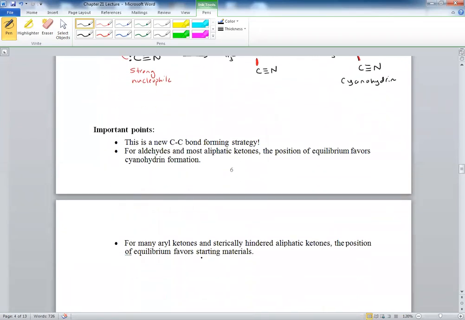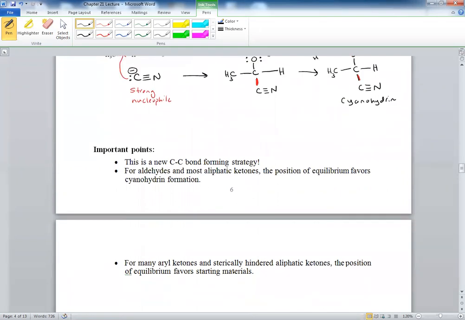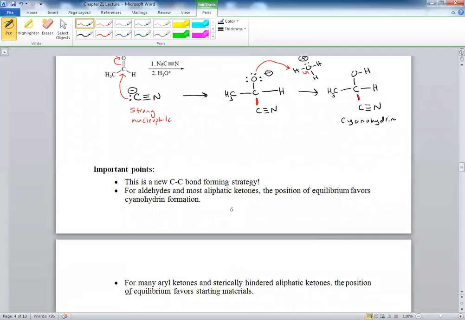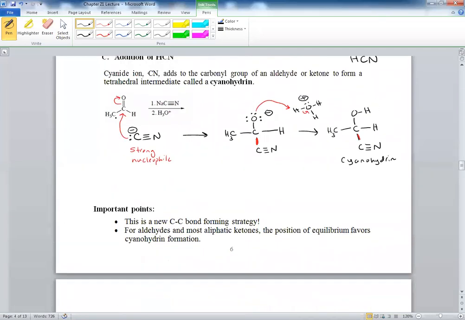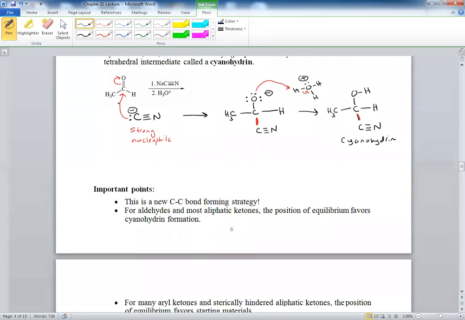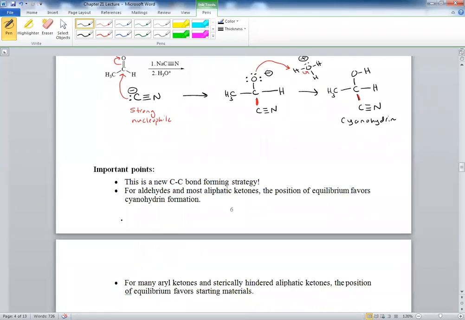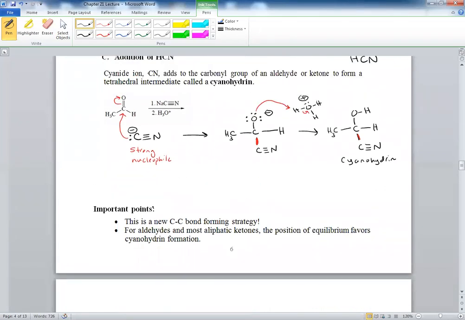For many aryl ketones and sterically hindered aliphatic ketones, the position of the equilibrium favors the starting material. So once again, if you have sterically hindered ketones, like two methyls, or ethyls on each side, or a benzene ring attached, then this will not be as readily a reaction as it should be.